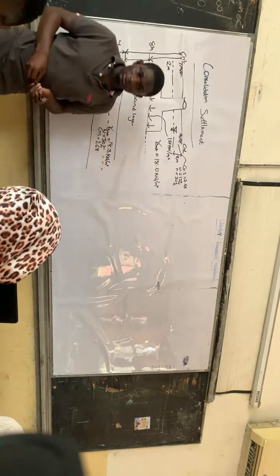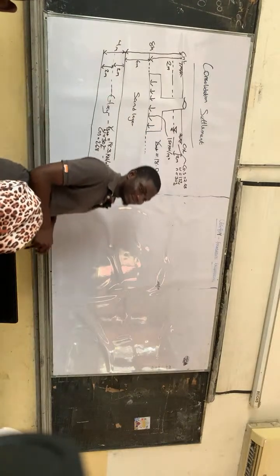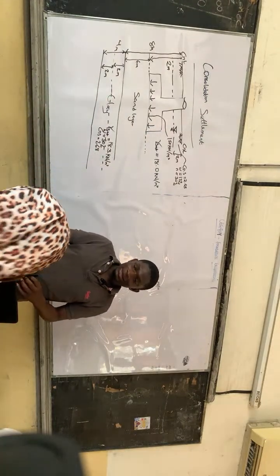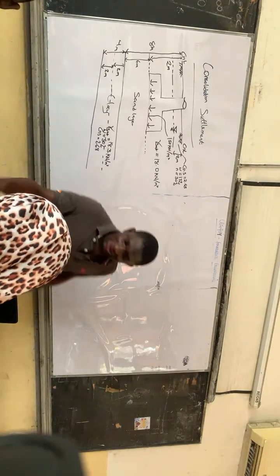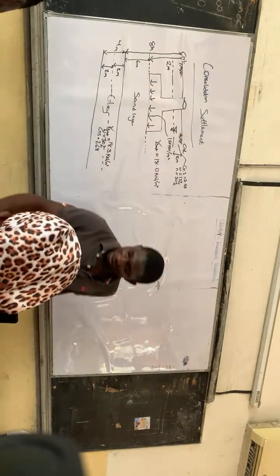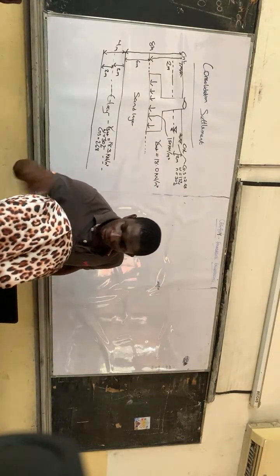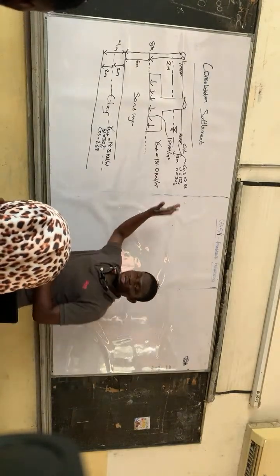What is our formula for settlement? m_v delta stress H. So there'll be a table now. Don't forget I said that this is settlement from the void ratio against pressure. So now we need to get that void ratio.